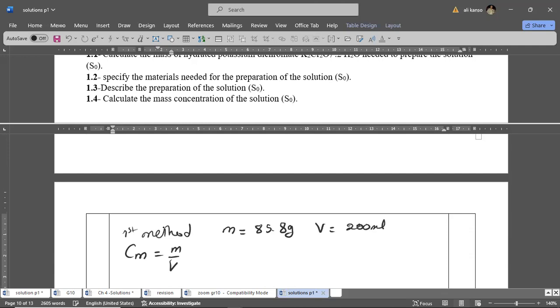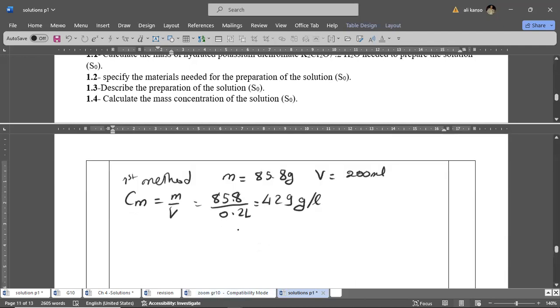You just divide these two over each other: 85.8 divided by 0.2 liter. Let us divide it first: 85.8 divided by 0.2, we get 429 grams per liter. This is the first approach.